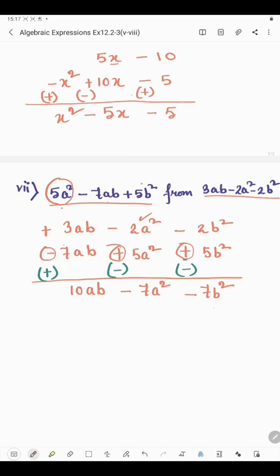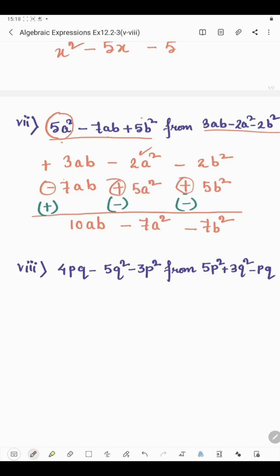Okay, now coming to the last part of this question. Now in the 8th part we have 4pq minus 5q square minus 3p square from 5p square plus 3q square minus pq. So from this expression we will have to subtract this, so we will have to write this expression on top. So it's 5p square plus 3q square minus pq.